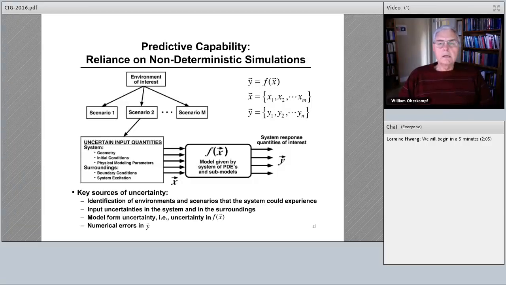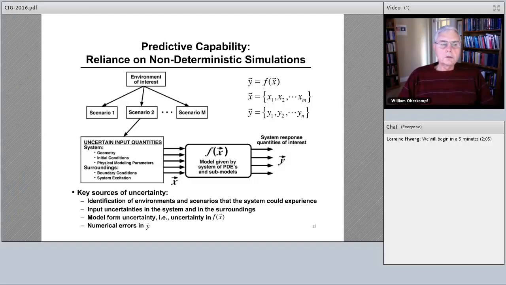The system data is related to geometry, initial conditions, if it's an initial value problem, and the physical modeling parameters. And that's where most of them live. So, for example, in engineering systems, Young's modulus, porosity, all of those kinds of things are physical modeling parameters.